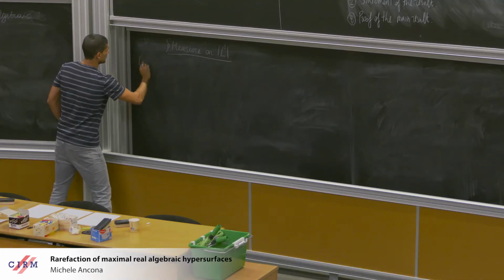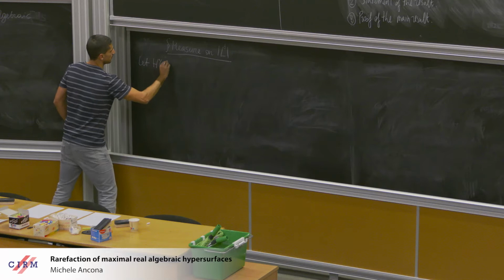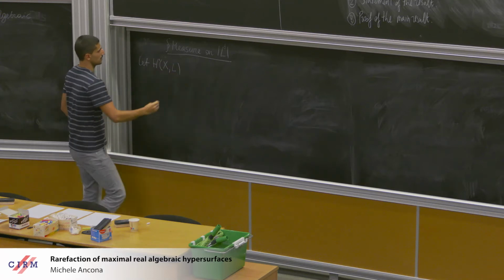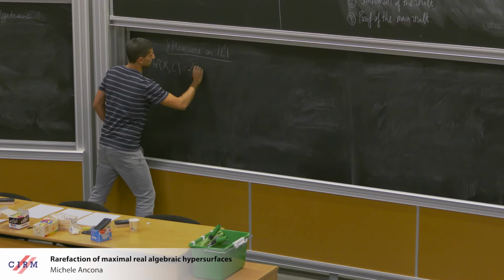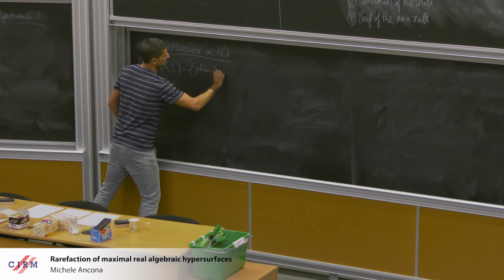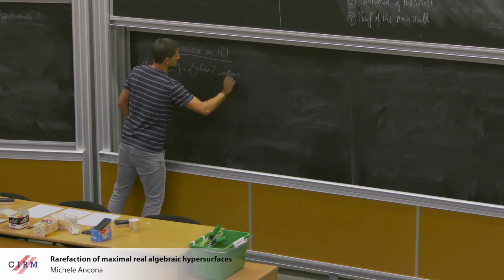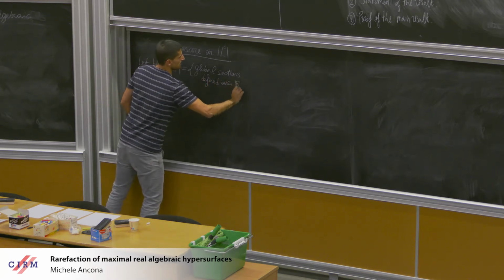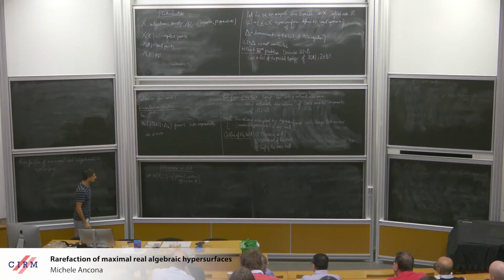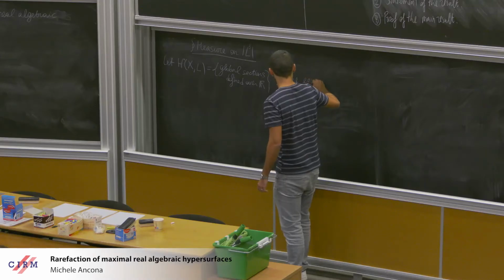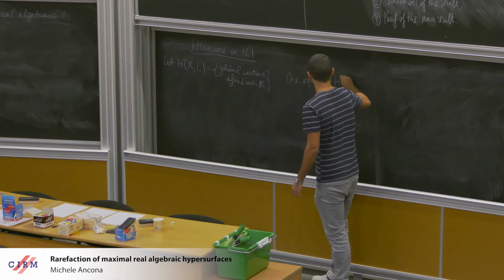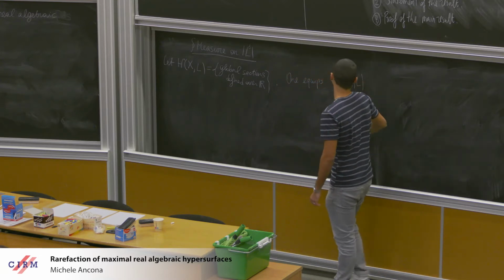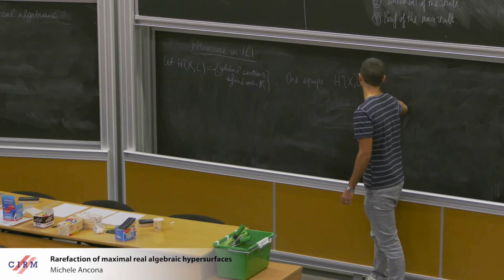Let H0(X, L) be the space of global sections defined over R. I will equip this vector space with a scalar product.